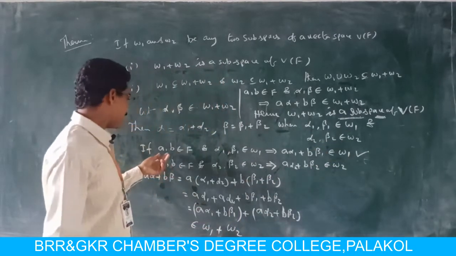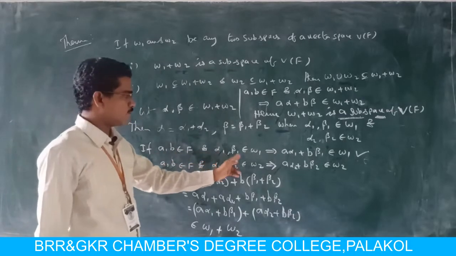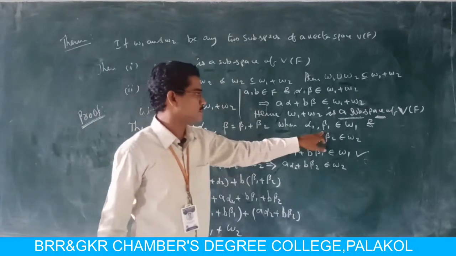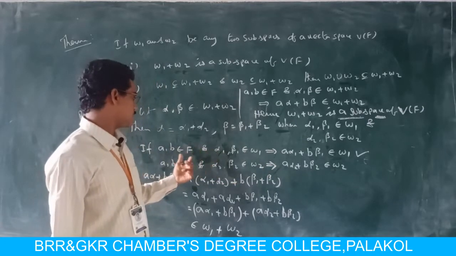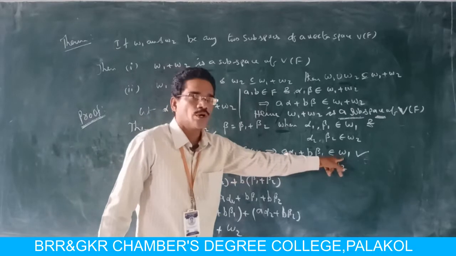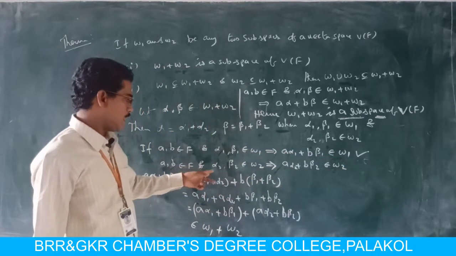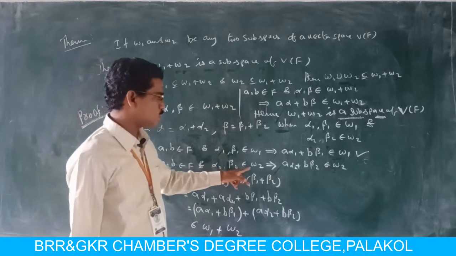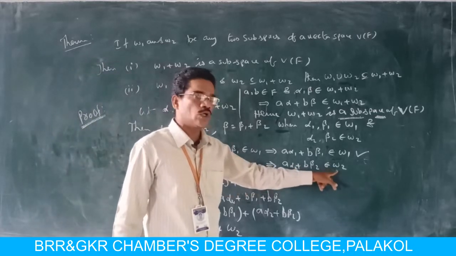Now a, b belongs to F, alpha 1, beta 1 belongs to W1. This implies by the definition a alpha 1 plus b beta 1 belongs to W1. Similarly, a, b belongs to F and alpha 2, beta 2 belongs to W2 implies a alpha 2 plus b beta 2 belongs to W2.